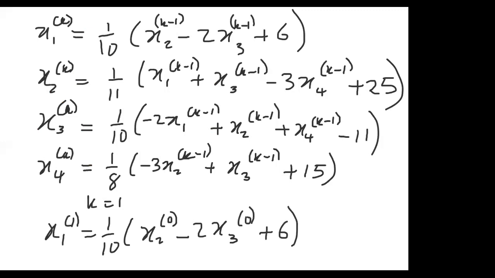And then I can substitute the values of x2(0) and x3(0), and you see that those are zeros. So this will just give you 1 over 10 times 6, because this is 0 and that is also 0. So we'll see that this will just be equal to 0.6.